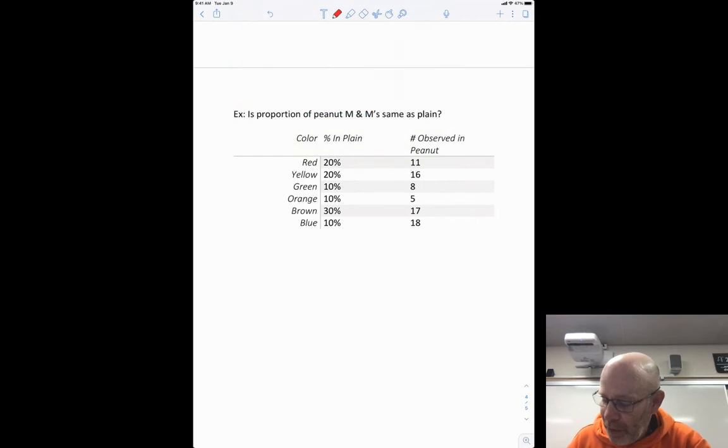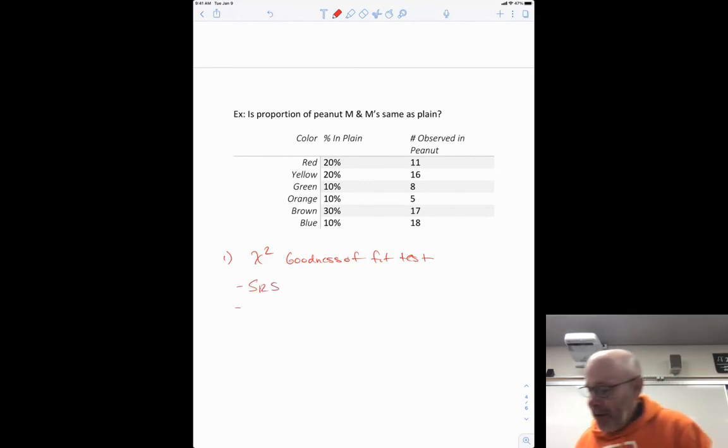So step number 1, just like before, is name the test. So chi-squared goodness of fit test. Make sure we meet the conditions. So we'll just tell us it's a simple random sample here. Second condition is we can model. And there's our model, right there.